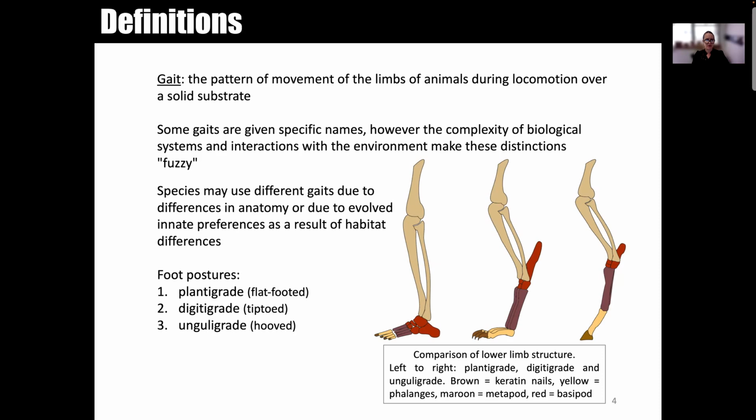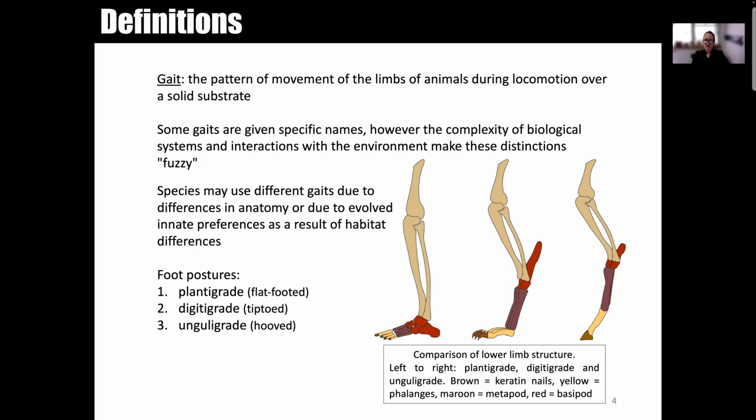So today we will refer to gaits in some way, but at times the distinction between gaits isn't always very clear. Species may use different gaits due to differences in anatomy, and this again is due to evolved innate preferences as a result of habitat differences.